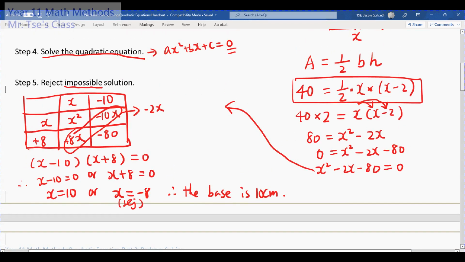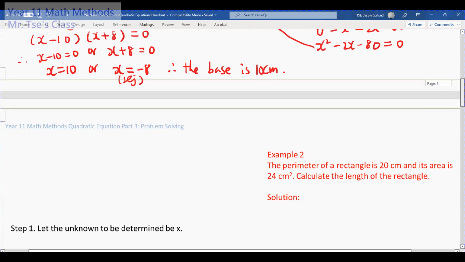And then the last step is, after you solve it, you need to reject any impossible solution. The most likely impossible solutions are those negative numbers, because in most of the applications, x should be positive. Is that okay?